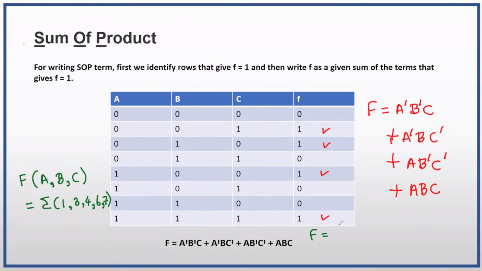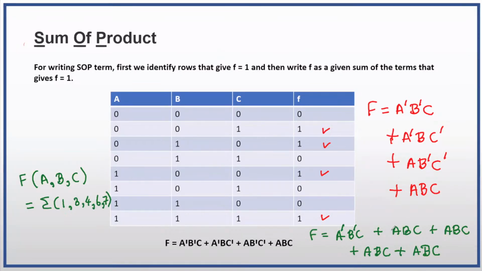So that means you have five terms, A, B, C, five sum of min terms. And then 1: 1 is 0, 0, 1. So you can write it like this.